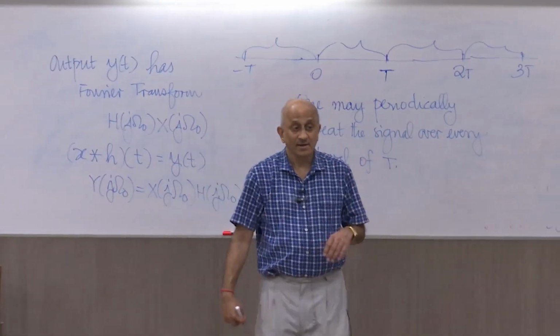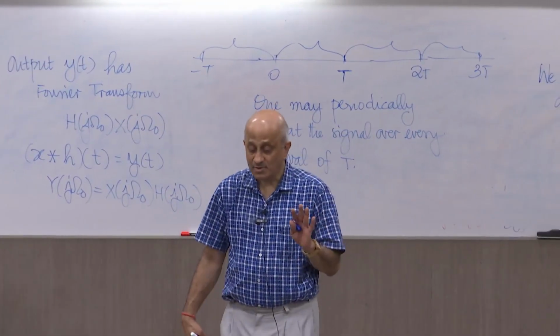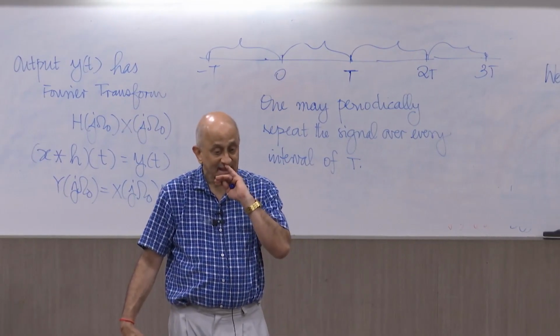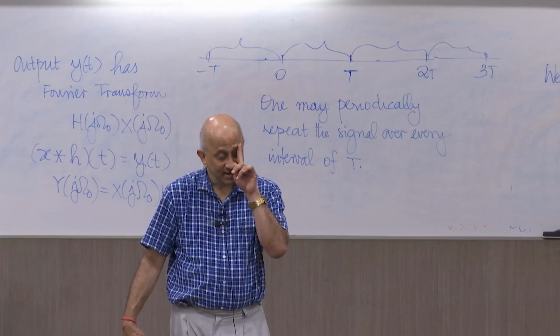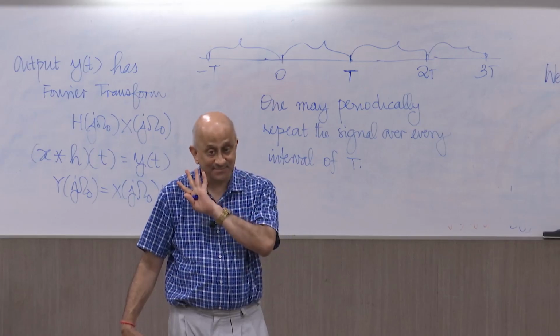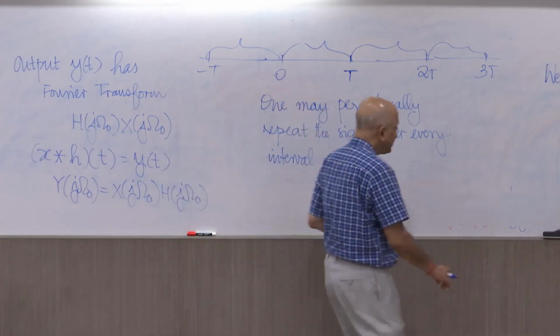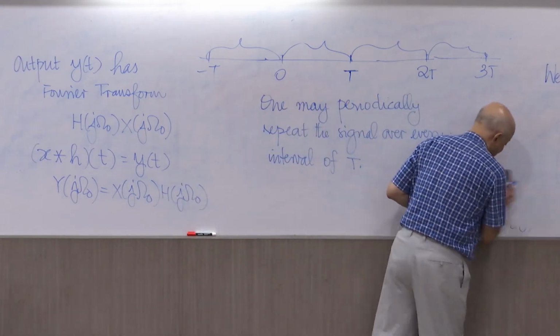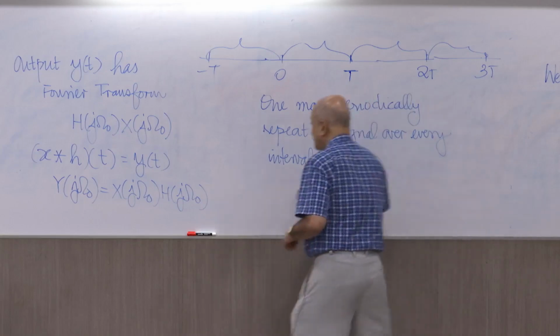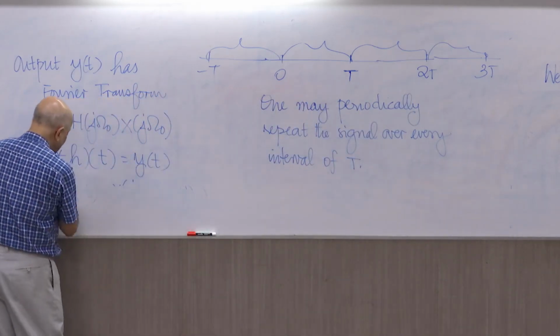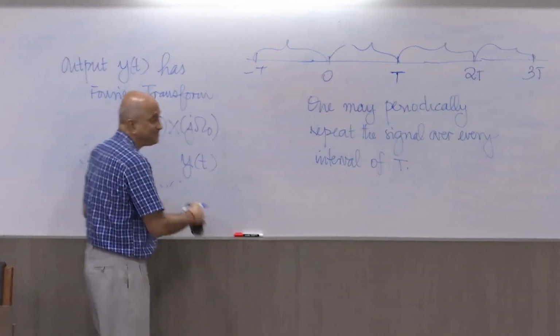Okay. So remember, when you're doing this, you're again focusing on the signal only between 0 and T, right? So you ask yourself, how would I take a dot product?